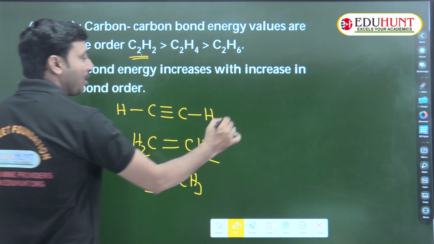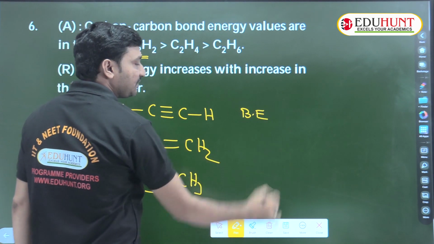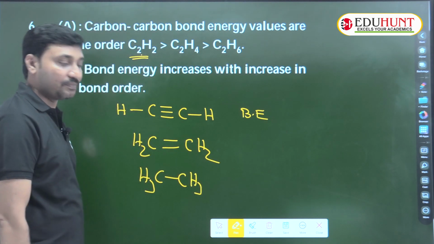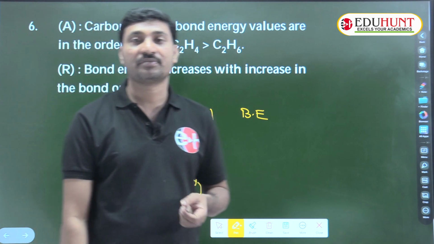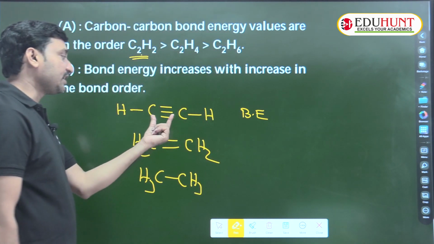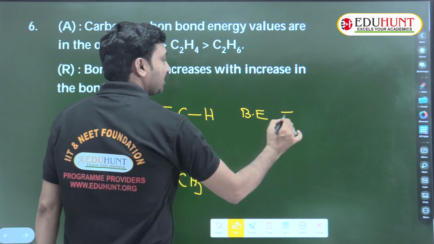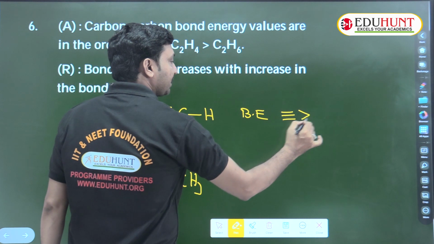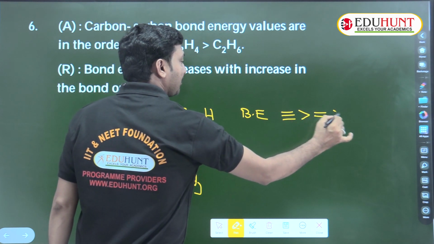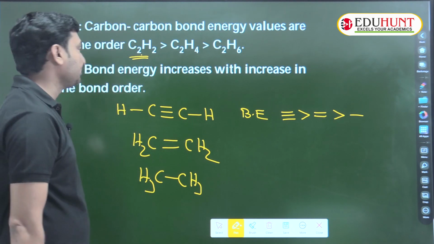You know, bond energy is directly proportional to the number of bonds between carbon atoms. The more bonds between 2 carbon atoms, the more bond energy, the more bond strength. Here triple bond, double bond, single bond. Bond energy order: carbon-carbon triple bond greater than carbon-carbon double bond greater than carbon-carbon single bond, right?